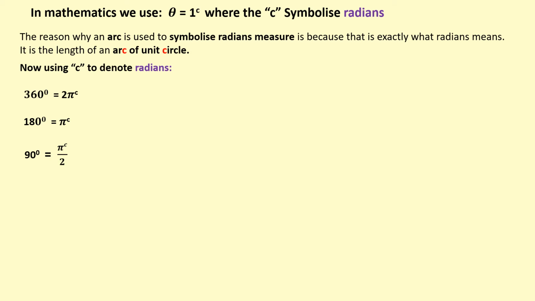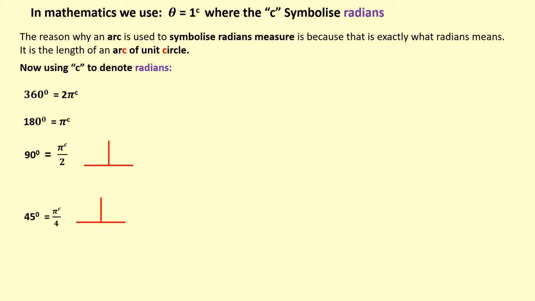Now, I'd like to visualize that as a 180 degree straight line with a perpendicular bisect right in the middle, giving us 2 equal 90 degrees. Likewise, halving 90 degrees, we get 45 degrees, giving us pi radians over 4.